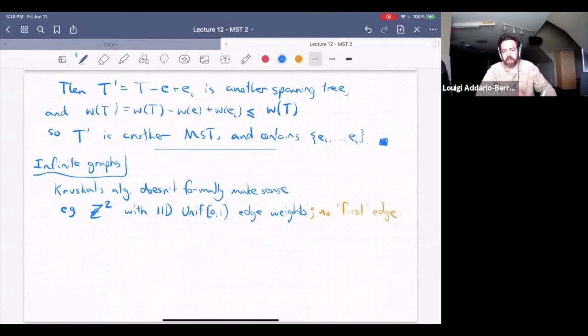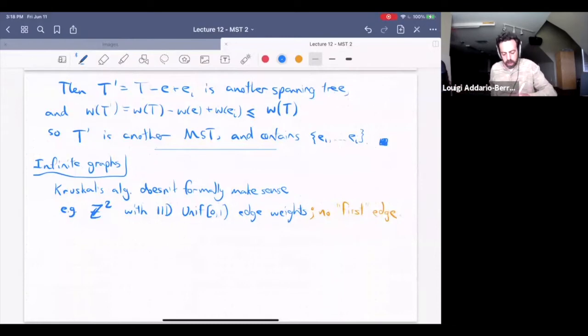You could impose some condition like we did for Prim, where we said there are only boundedly many edges of less than any given weight, but imposing that globally is quite a restrictive condition. It doesn't lead to particularly natural classes of graphs for which you can say nice things.